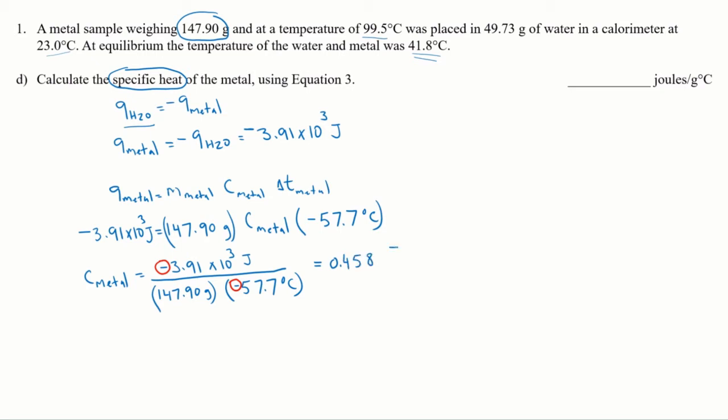The top unit is joules, the bottom units are gram, degree, and those are the units for specific heat. Remember, specific heat is the amount of energy required to raise the temperature of 1 gram of a substance by 1 degree Celsius. So the answer will be 0.458, and the units are already placed here for me.